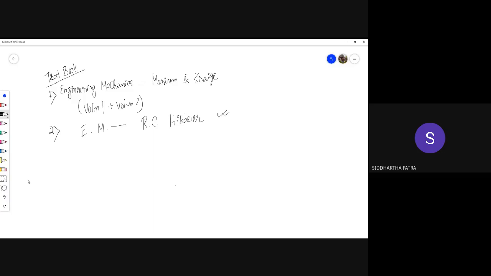You are already familiar with the primary units, right? The unit of mass is kg, unit of time is second, and distance is meter.